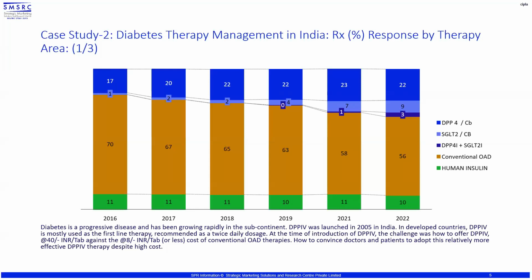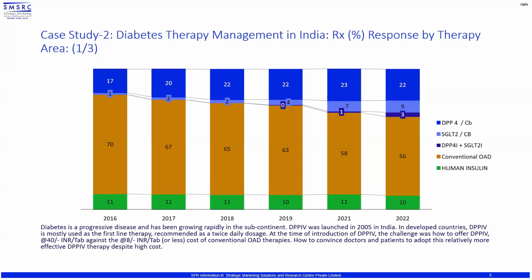Today, when we look at these data, out of 100 prescriptions of anti-diabetics by therapy areas, DPP4 alone gets 22%. Then SGLT2 and combinations with DPP4 and others get 9%. And the newer combination of DPP4 SGLT2, which has just started its initiation, gets another 3%.